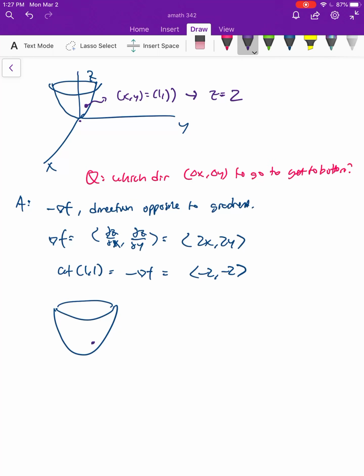So we're at 1, 1, and we go toward negative 2, which means we are moving in the direction of the origin. That's kind of hard to see like this, so let me try again. Currently we're at 1, 1, and our negative gradient is this way, which makes sense because we are now approaching the origin.